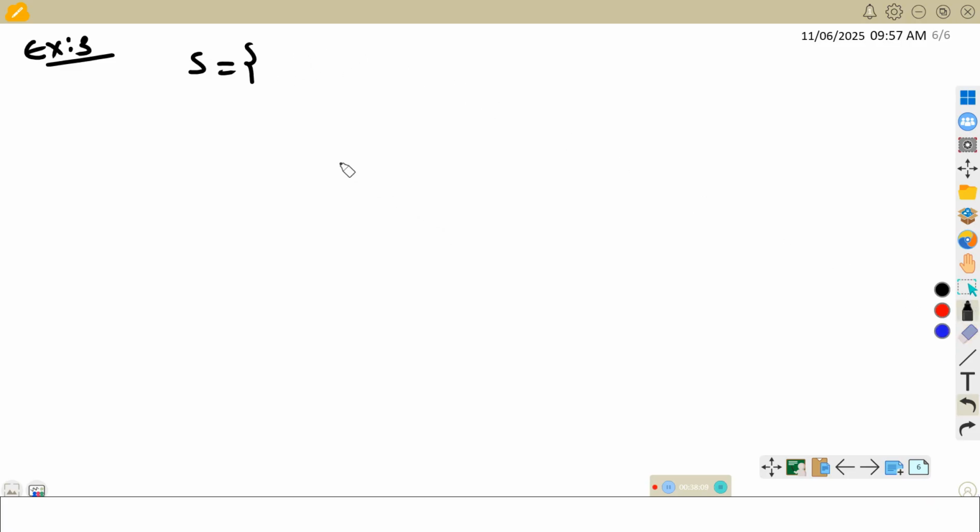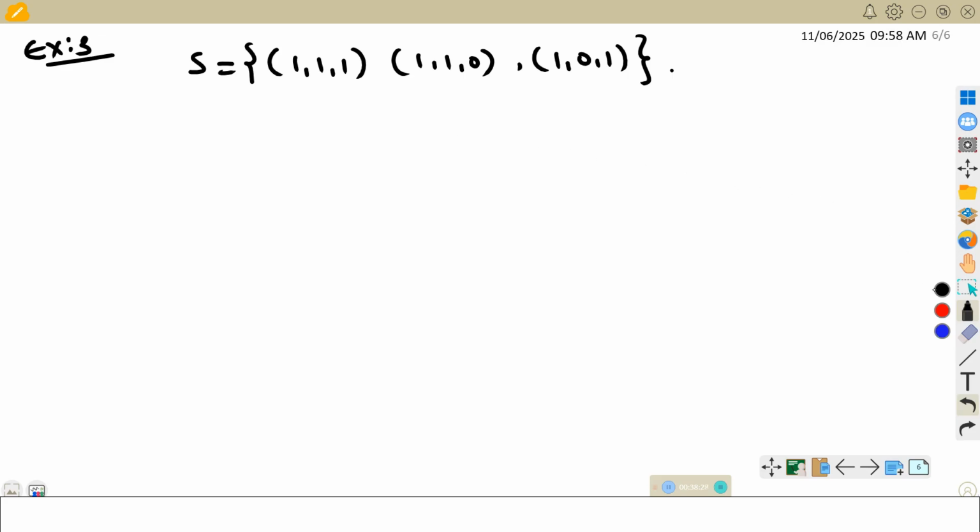The set is consisting of 1, 1, 1, then 1, 1, 0, then 1, 0, 1. So that is what we are having. This is our set S.